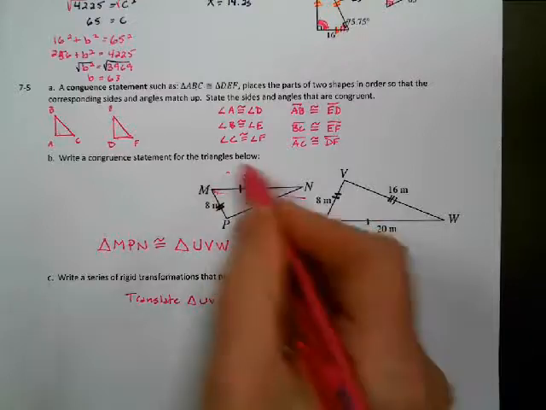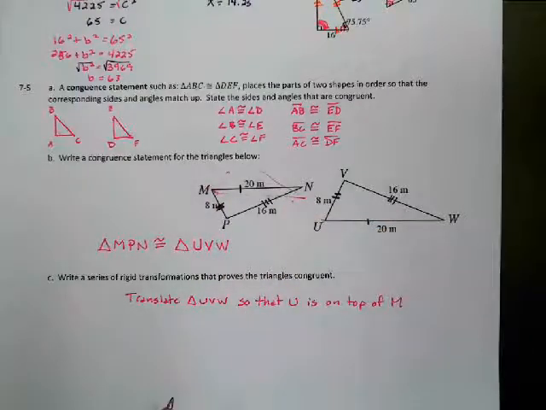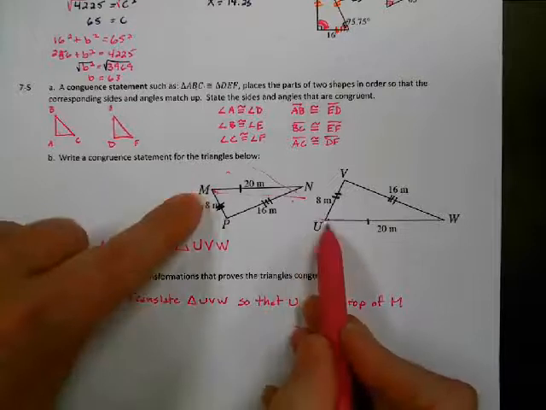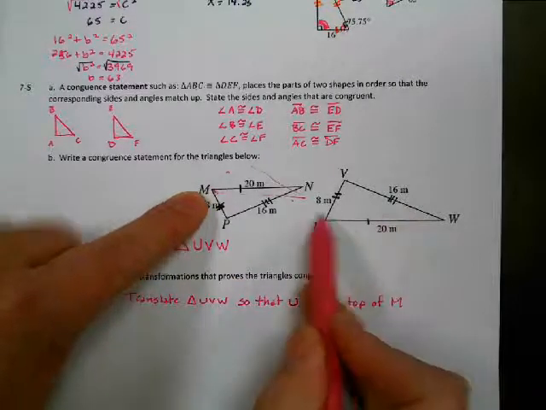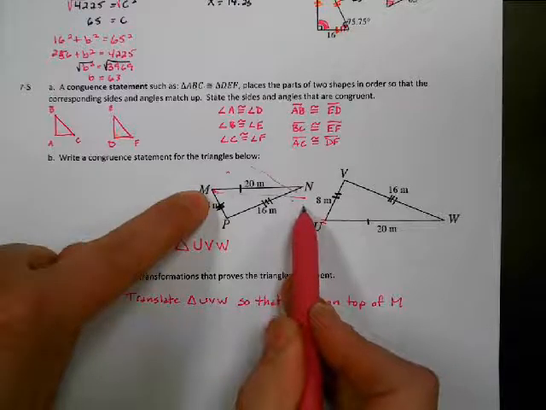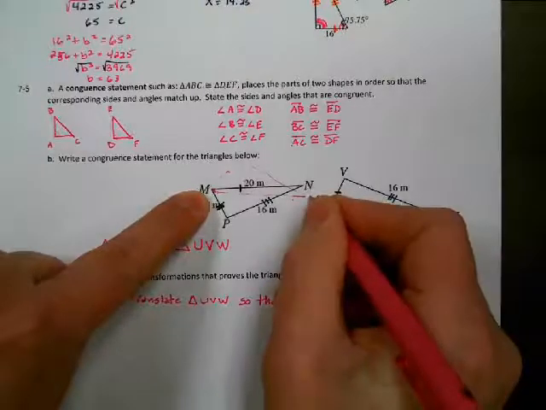The next thing I'd probably do is rotate it this way so that this point here is on top of that one, because W and N go together, since they're the last two.